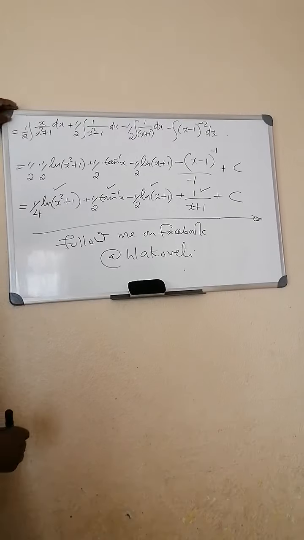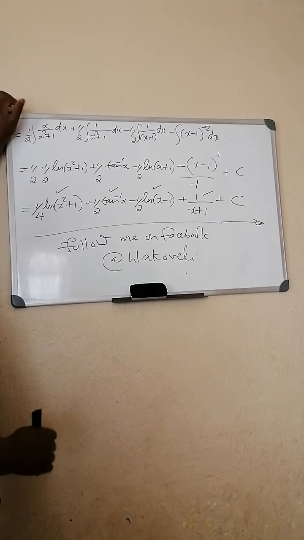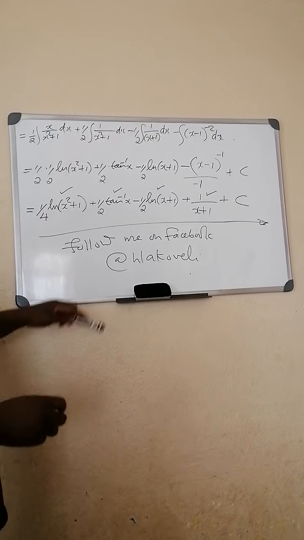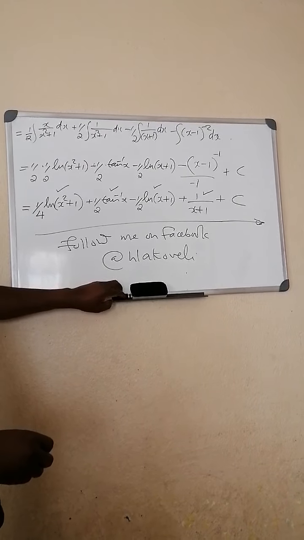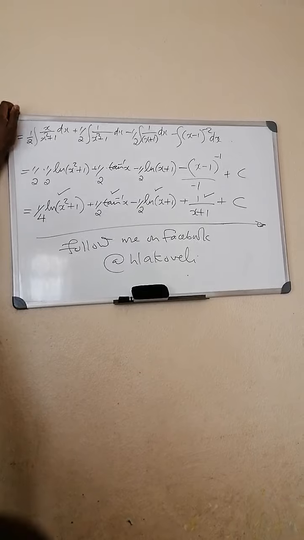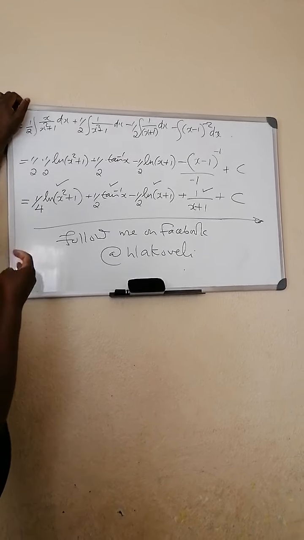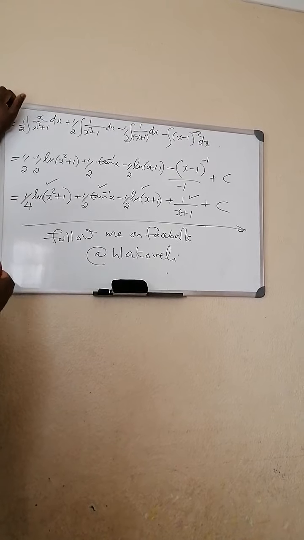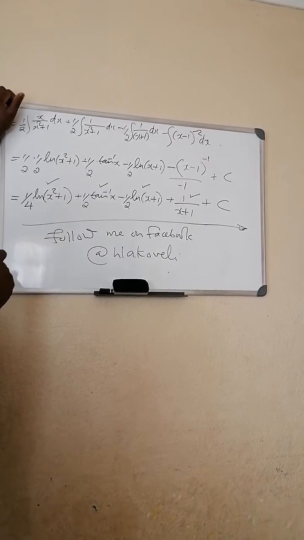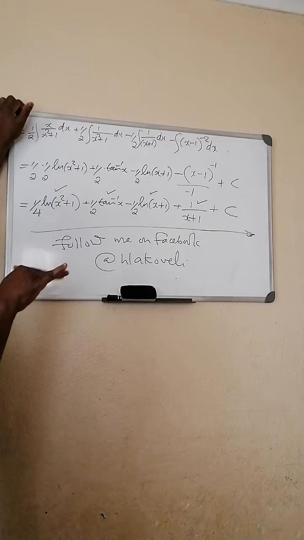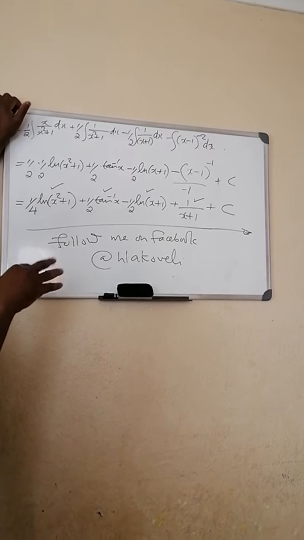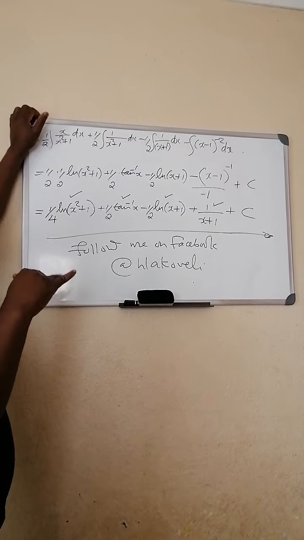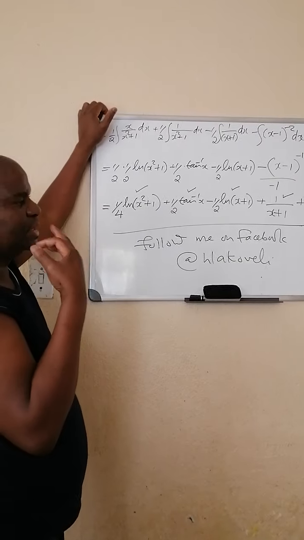But let me also say that for partial fractions, the most challenging thing is when you calculate those A, B, C, D values, because that's where you need to work very closely so that you're not making mistakes. At times it is also necessary that when you have built your equations and you have all the values, you take those values and plug them in any of the equations and see if they balance out.